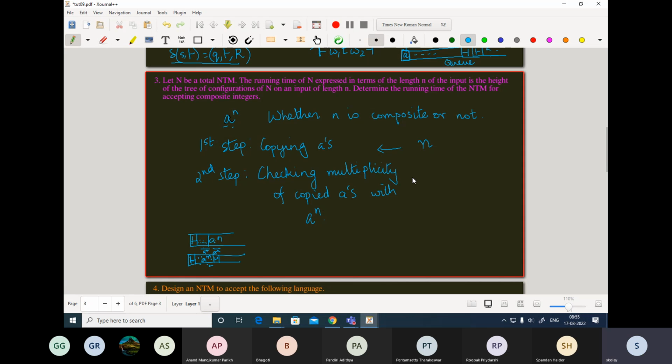No, n, right. Okay, so the running time for this is 2n. In the worst case, so look at the longest path of configurations in your tree of configurations. The longest path can be of length 2n, at most 2n. Fine?